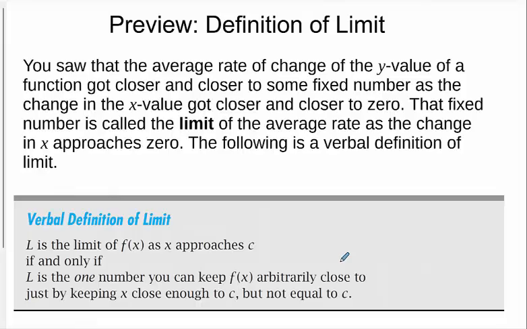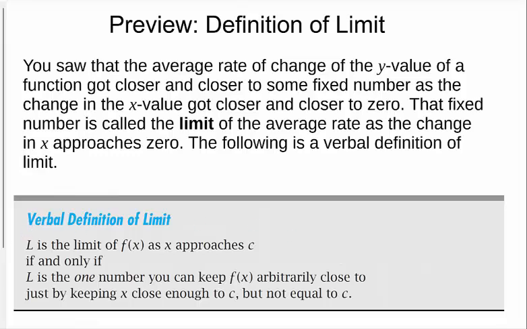It doesn't have to hit that value, but it can. It's just the value we expect. So that's kind of what we're getting at. We're looking at this verbal definition. We're going to later see a better definition, but this is pretty good right now.